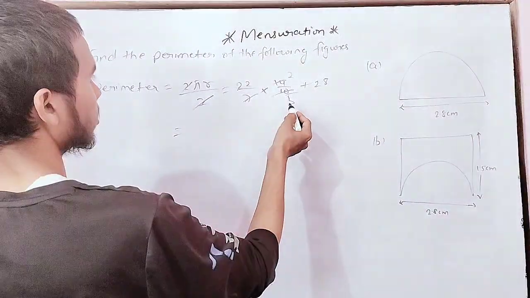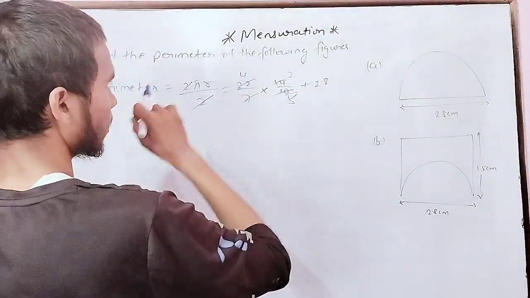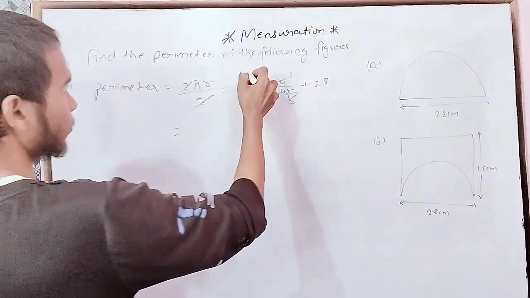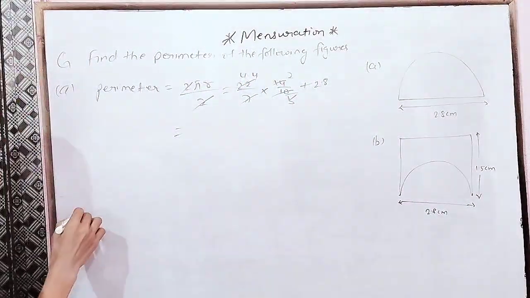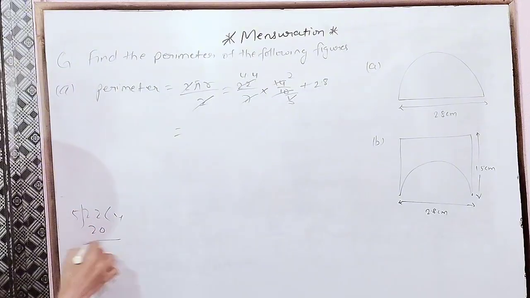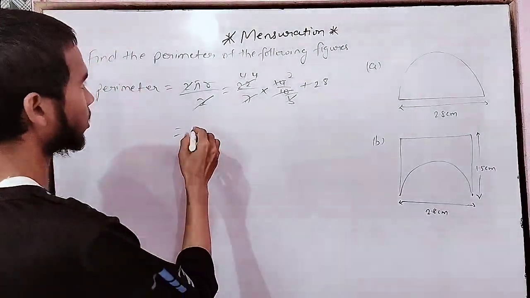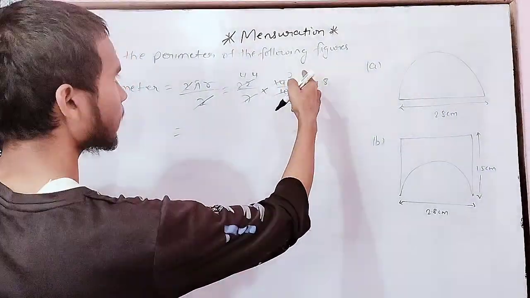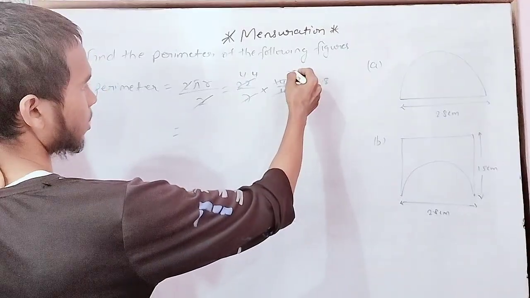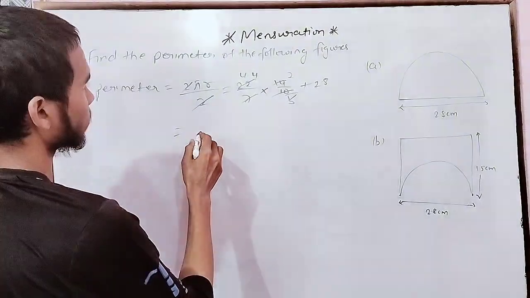Now, 5 fours are 22, and 5 fours are... 4.4.